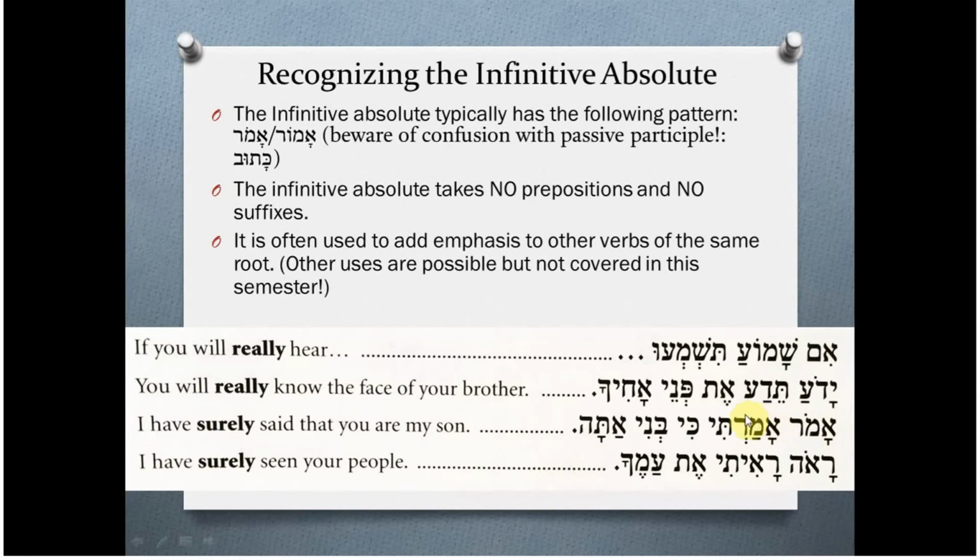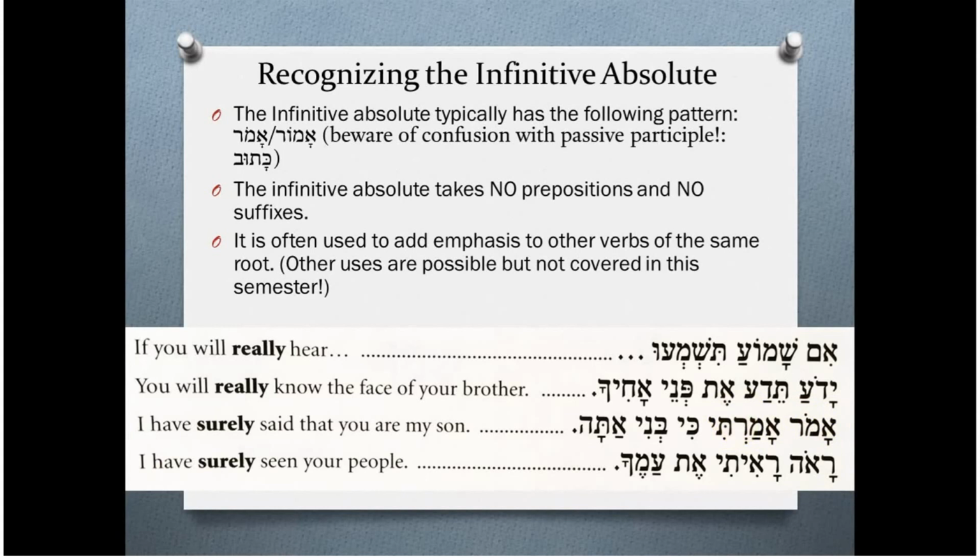Amor amarti ki bni ata. I have surely said that, ki, my son you are. That you are my son, I have surely said. So again, the same verbal root is used for both the absolute and the perfect as a way of emphasis.